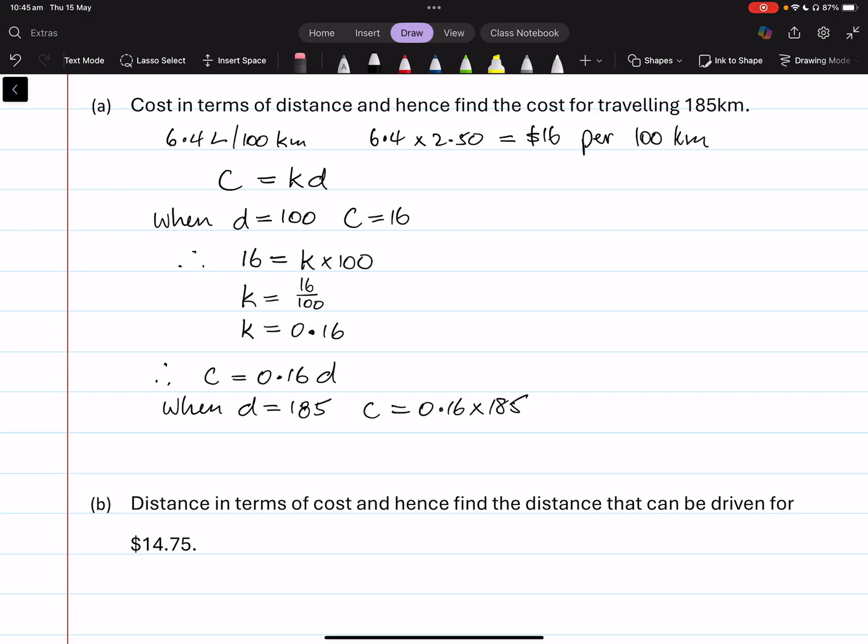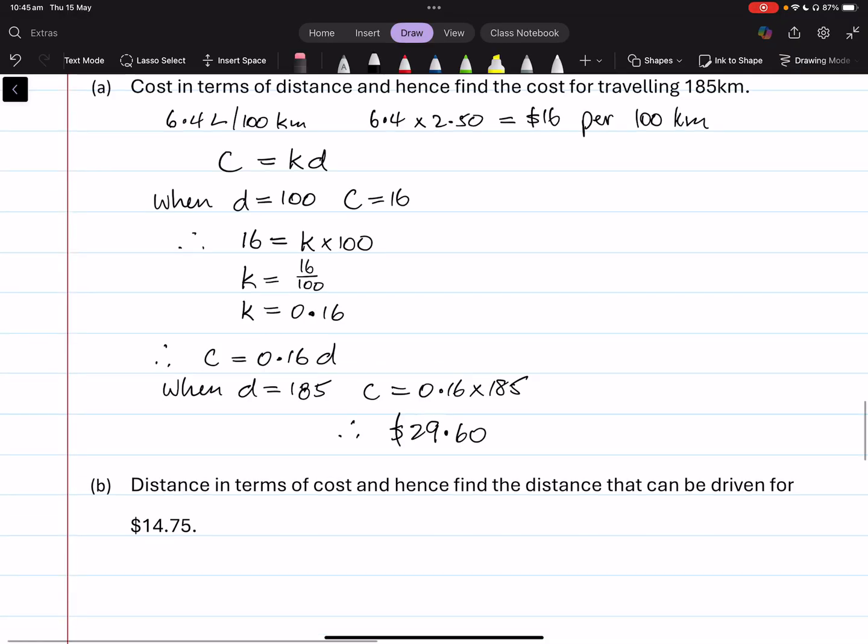And when you calculate that, 0.16 times 185 comes out to be a cost of $29.60. That's how much it would cost to travel that far.